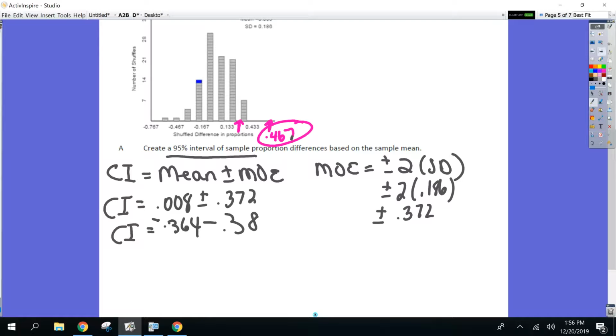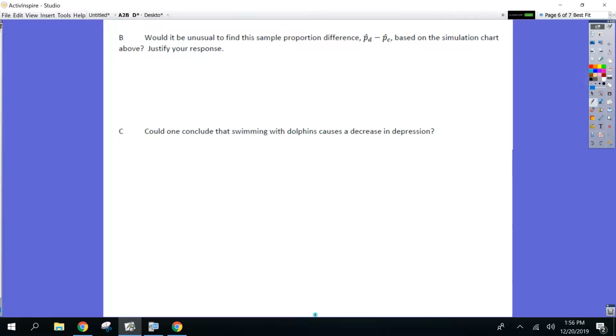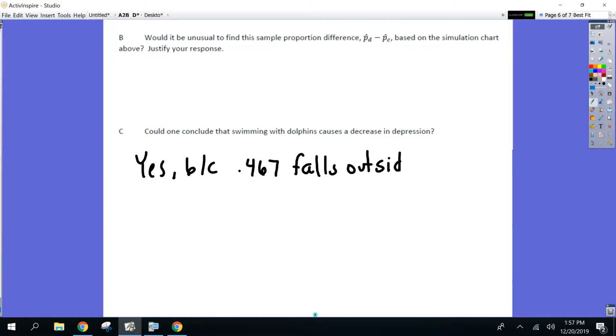All right, so let's finish this up. I'm just going to go right to part C. Could one conclude that swimming with dolphins causes a decrease in depression on this experiment? Yes, no? Yes? Because what was our value? 0.467 falls outside, or what?